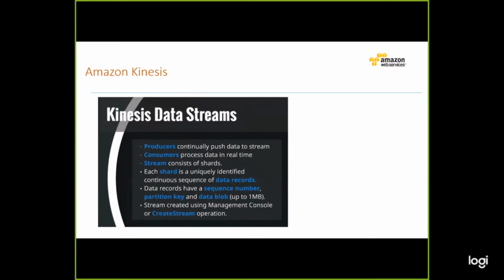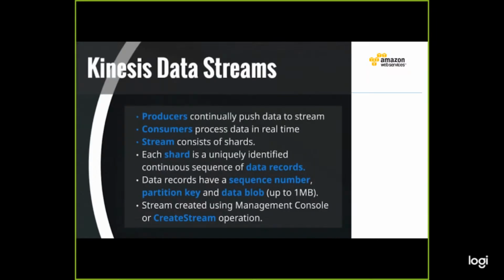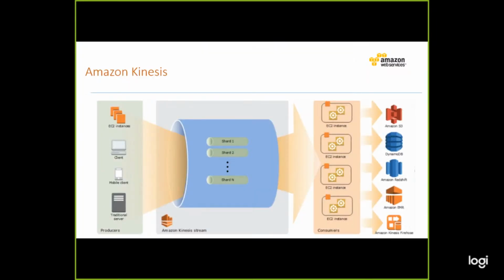You can create the stream using the management console, or you can create it programmatically. Now, this is the best graph I can use to illustrate Kinesis. On the left side, you can have the applications, clients, mobile, or your on-premises traditional services. You can stream data to the cloud or to the consumer.